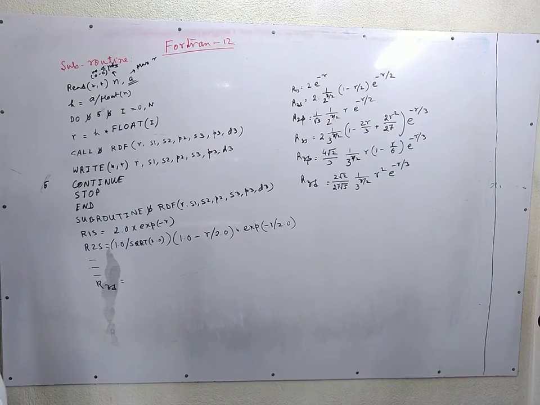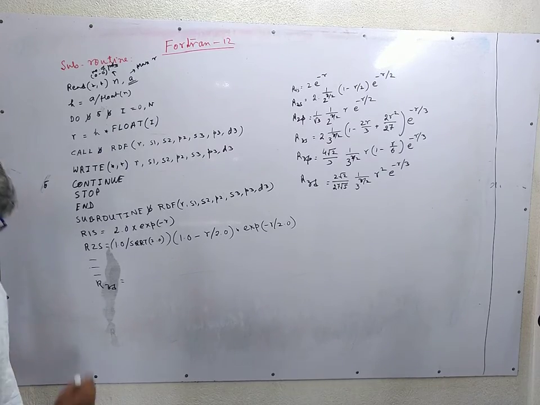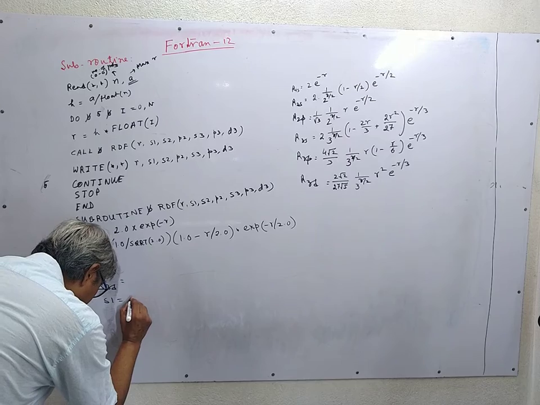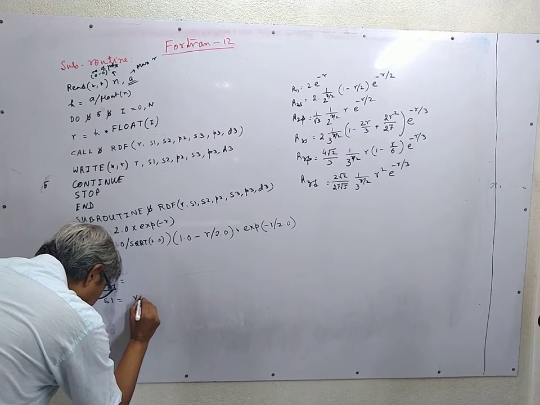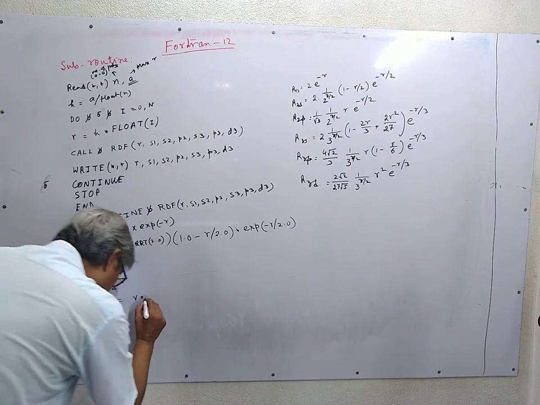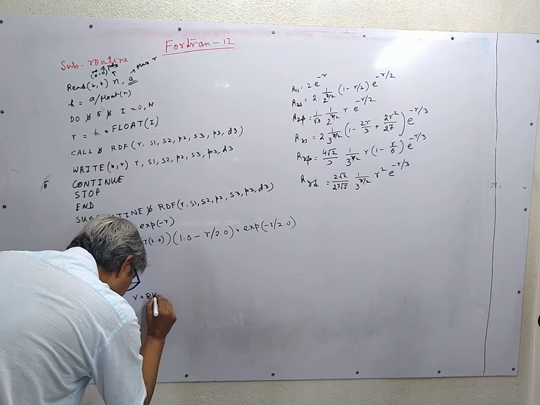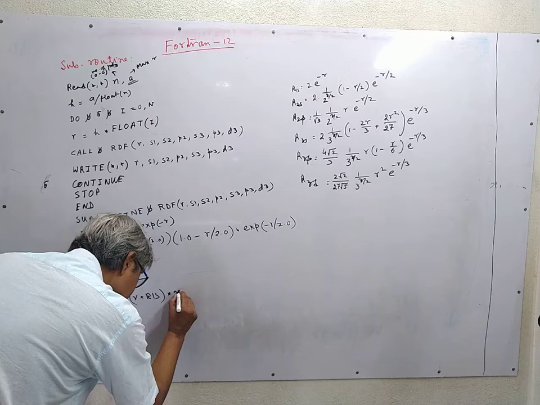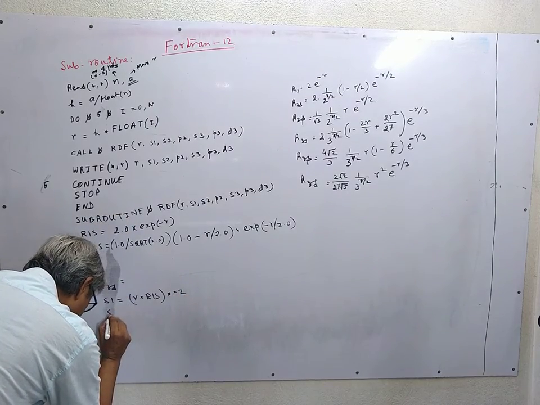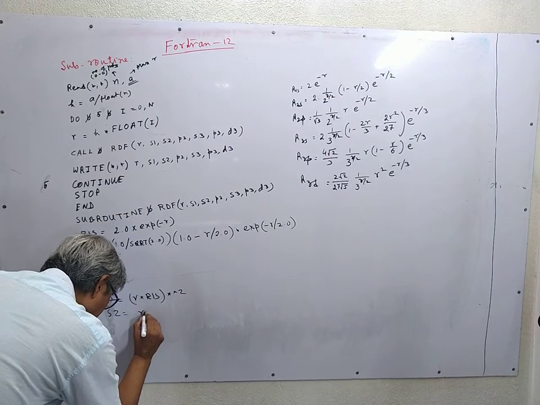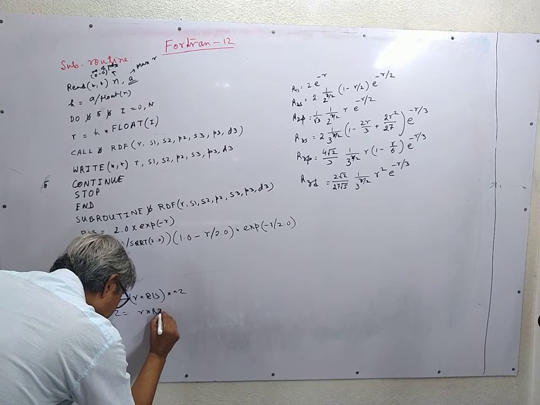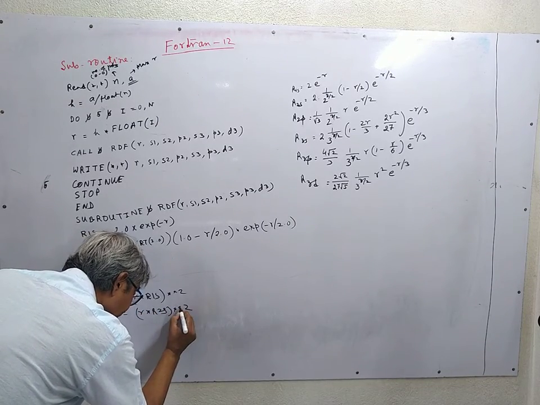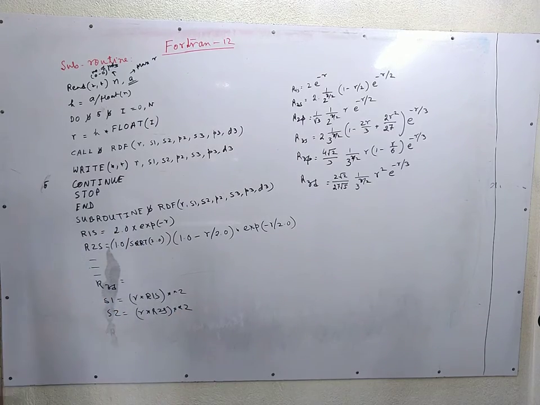Now we define S1 is equal to R times R1s whole square. S2 is equal to R times R2s whole square, and similarly other definitions.